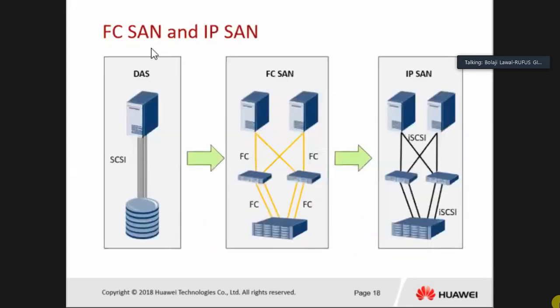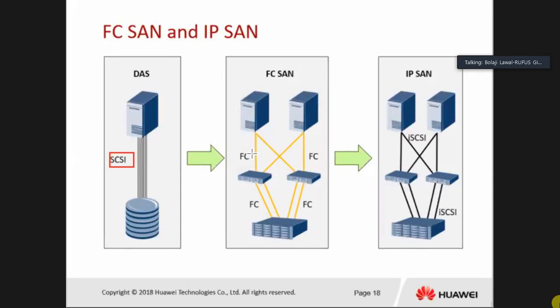So I just showed us now IP-SAN uses TCP/IP as the base level transmission protocol, and it's a storage area network architecture that uses Ethernet as transmission medium. So you can see that SCSI is used to communicate from here to here.